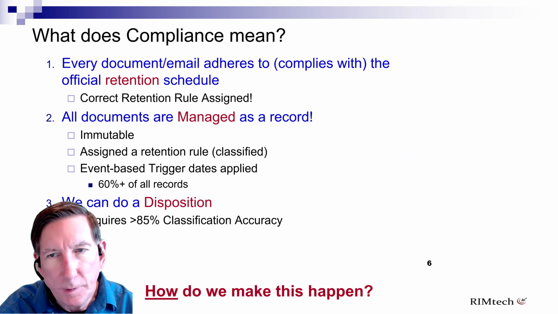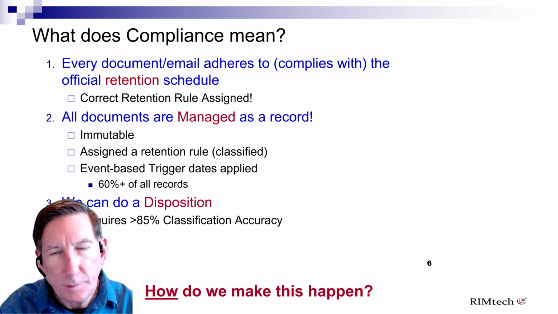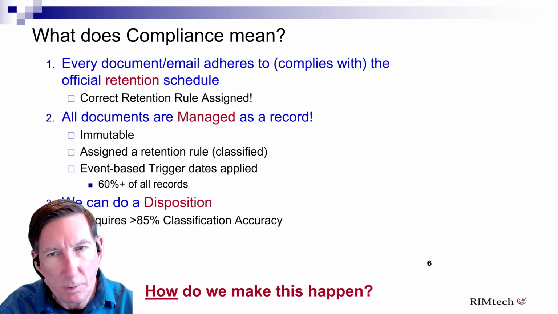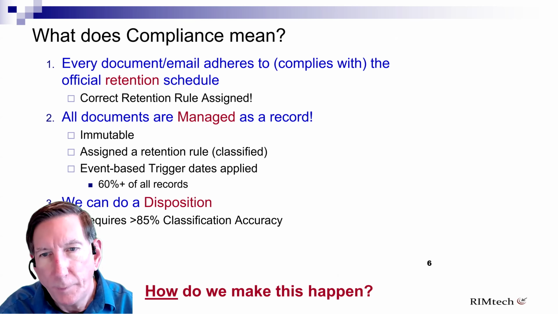Every document is assigned a retention rule from the retention schedule. And this is what we're here to talk about today. 60% or more of all your records are event-based, right? So all of those events are recorded. We have all the dates and everything that Purview needs to manage those 60% of your records is in place.